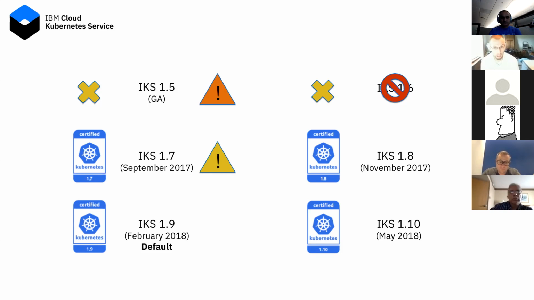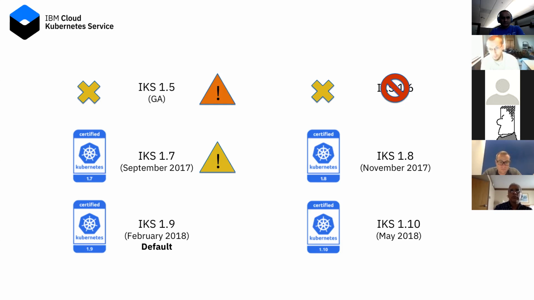We did not provide a release at 1.6. You can see our timeline over when those releases were provided in the service, and it varies as far as how long after the community went out that we made our release available. So we have 1.10 available. Our default, if you just try to create a cluster without making any changes, is 1.9.